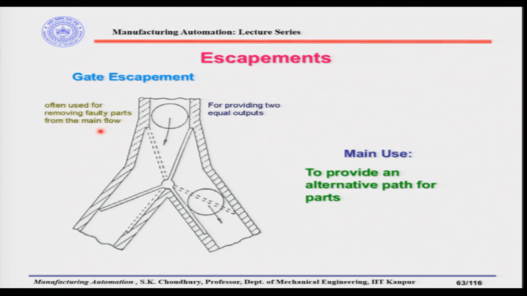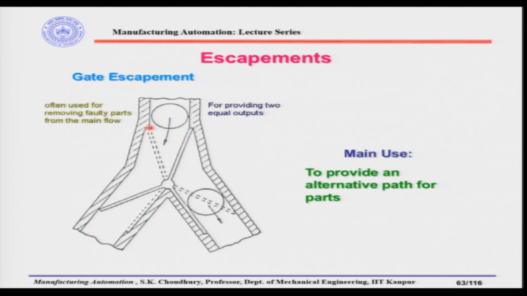Now, let us say that here there is a passage through which the parts will be coming, and here there is a device. When the part is coming in this way, it will go, since this passage is open. This is bifurcated as you can see, and this is pivoted here. When the part comes through this, this is the rigid star which is fixed here.